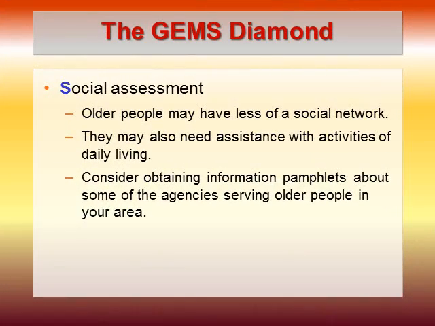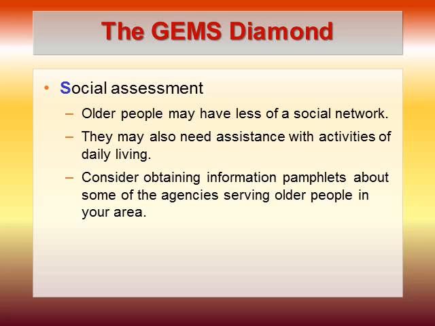Older people may have loss of a social network, or at least some decrease in their social networking. This is often made worse by the death of close friends or family members. They may also need assistance with frequent activities, so trying to get an idea of who provides that and how regularly they see this patient may be very helpful to you in determining the extent of their illness and the extent of their independence.